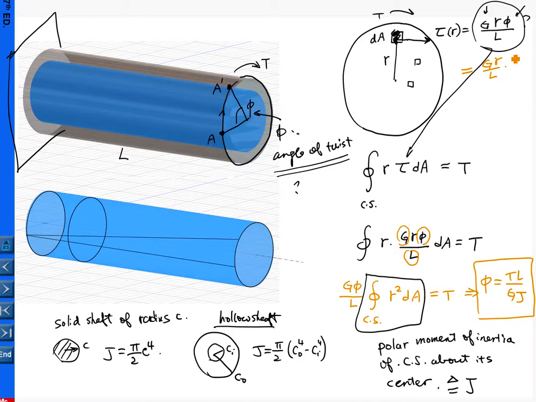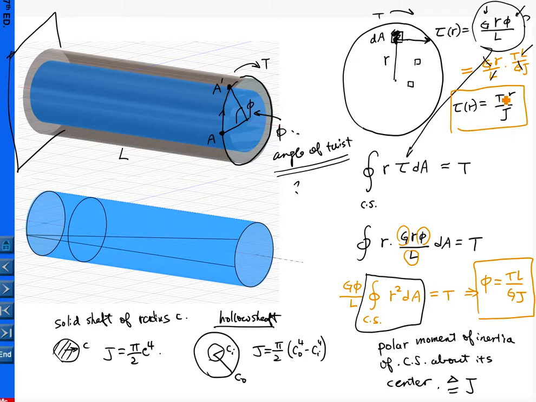So basically, phi is TL over GJ. So here we do a little bit of cancellation. So L canceled, and then G canceled. Okay, so basically tau as a function of r equals Tr over J. So this is the equation here. Okay, tau equals Tr over J.